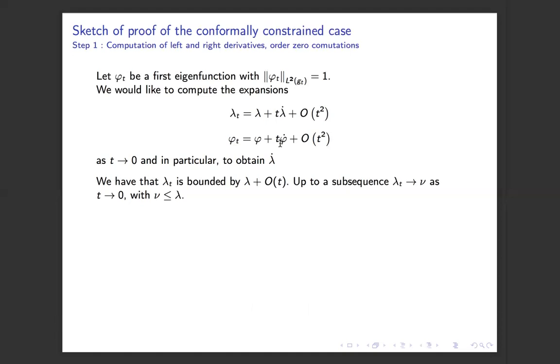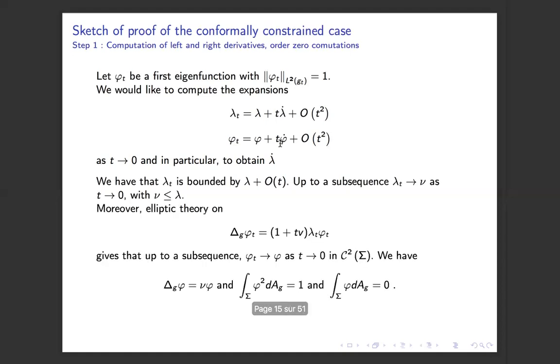So up to the extraction of a subsequence, we know that lambda_t goes to nu as t goes to 0, and nu is less than lambda. It's the first thing to do. We want to prove that lambda_t converges to lambda.